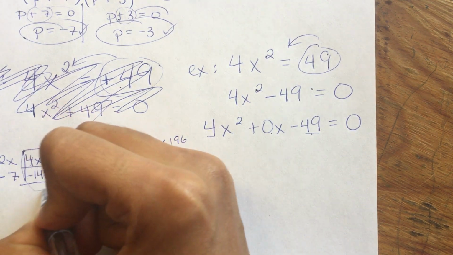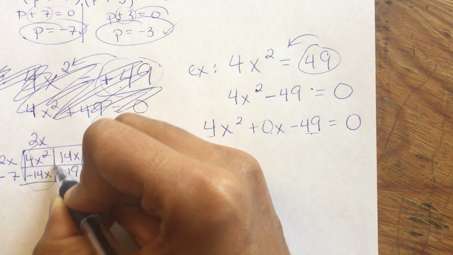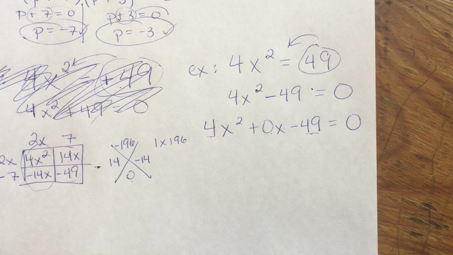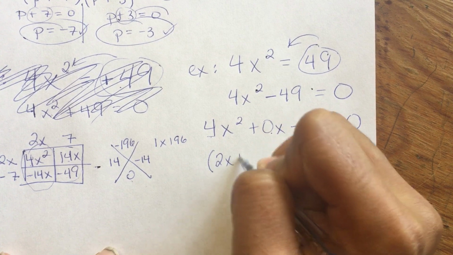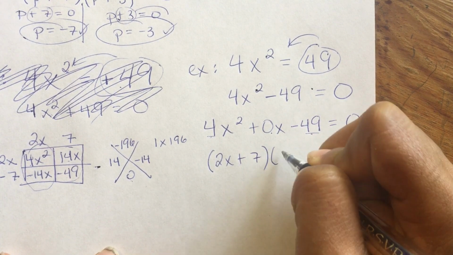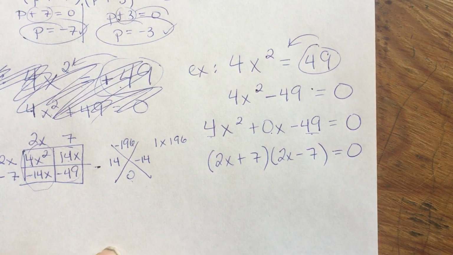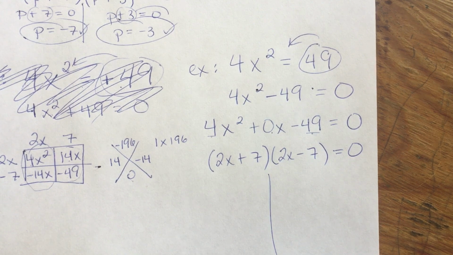Okay, here, first column, what is my GCF? It's once again 2x. And second column, what is my GCF? Again, it is 7, but a positive 7 this time. So it looks like my factors will be 2x plus 7 and 2x minus 7. We remember that that is set equal to 0, and we get ready to use our zero product property.